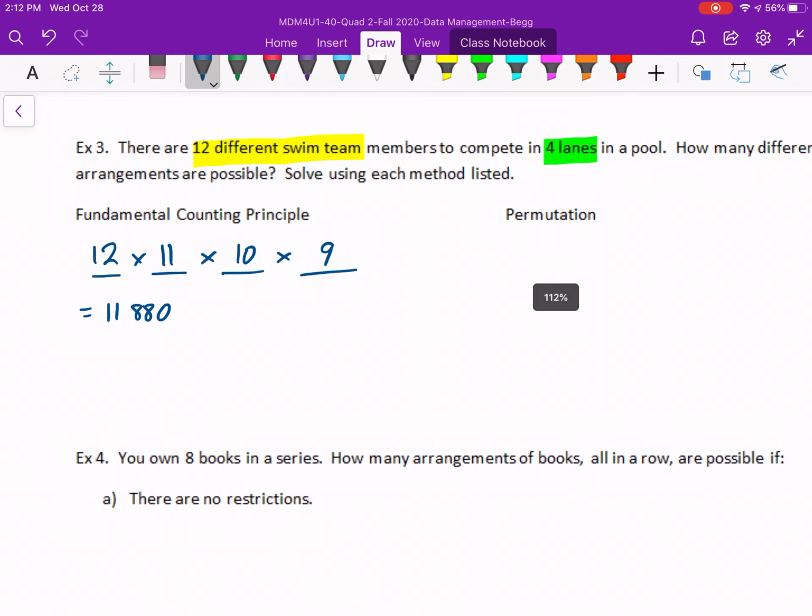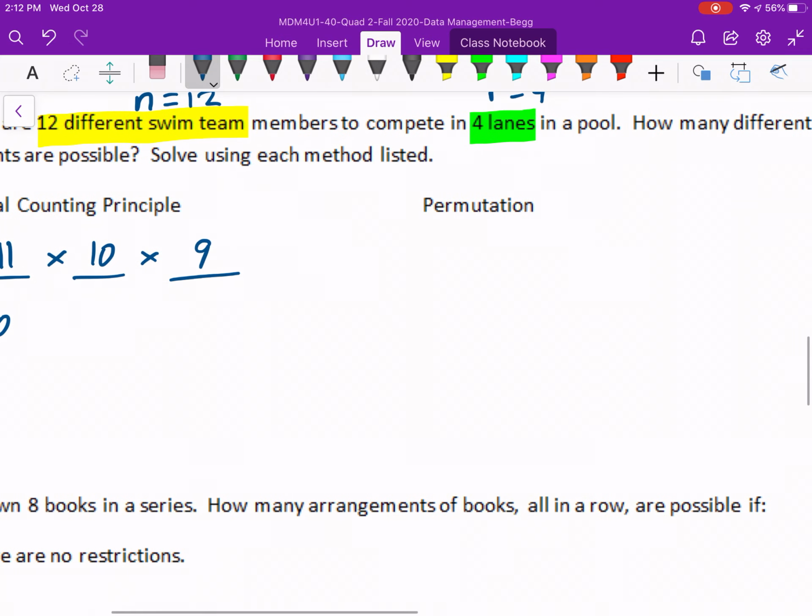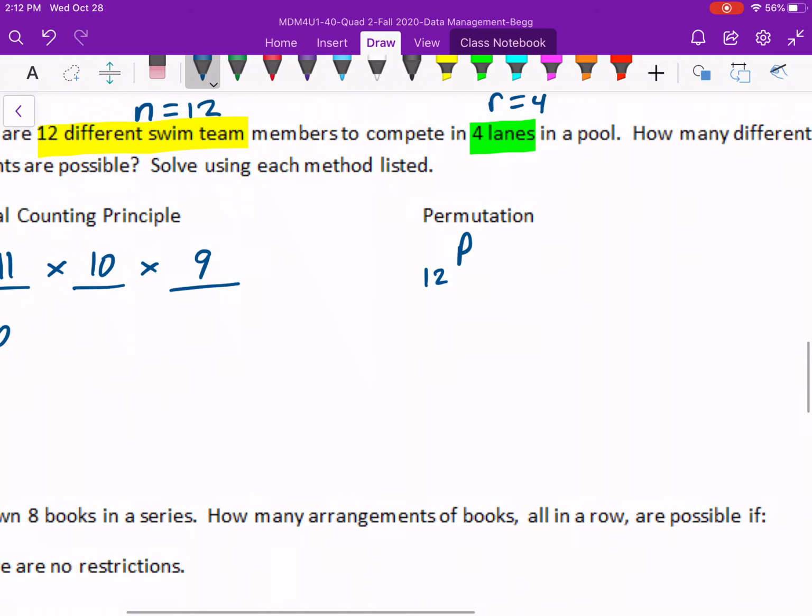Using permutations, there's n members to choose from, so n equals 12. There's 4 lanes. I can only fill up those 4 lanes, so r equals 4. So I would do 12 choose 4. Sorry, not choose. I've got to be very careful. Choose means something else.